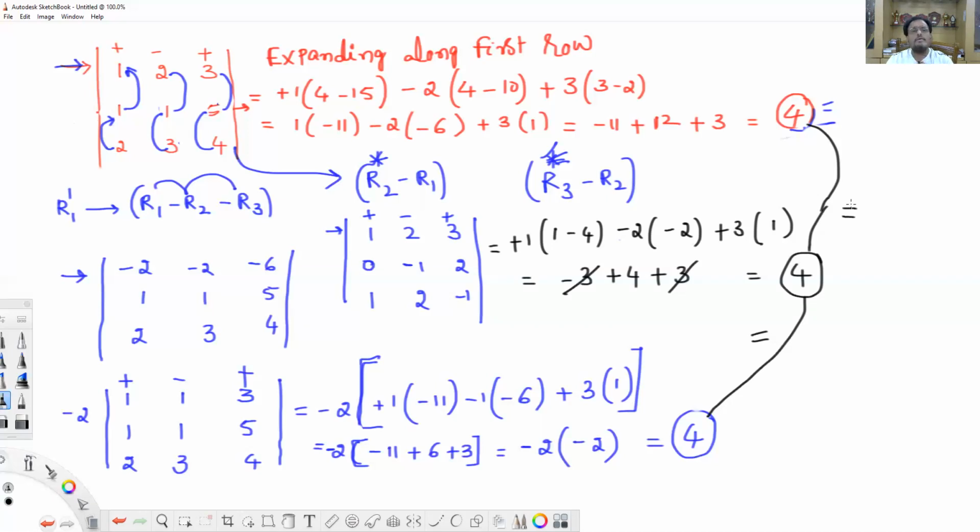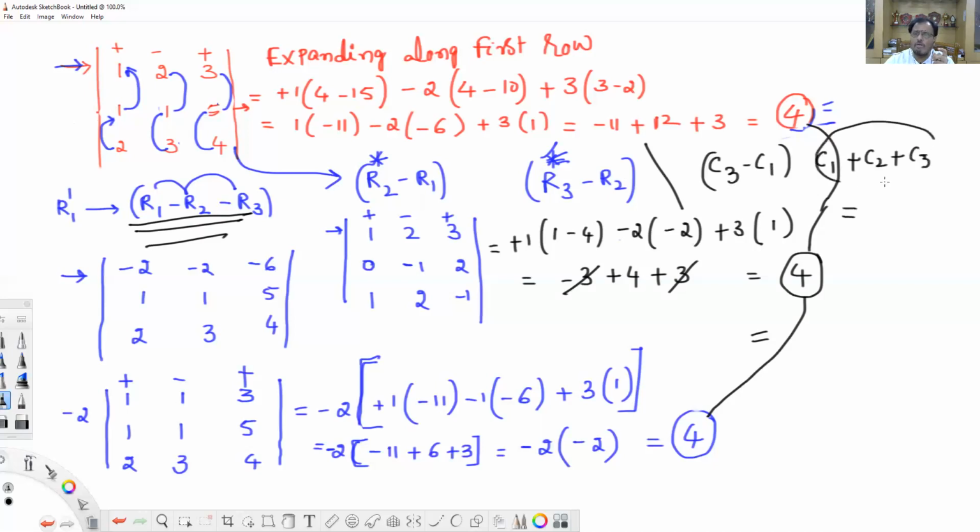But some students, these operations are a bit difficult, you need some good practice. Sir, why do we have to do R1 minus R2 minus R3, R2 minus R1, R3 minus R2? So in future, you can write columns also, column 3 minus column 1, and column 1 plus column 2 plus column 3.